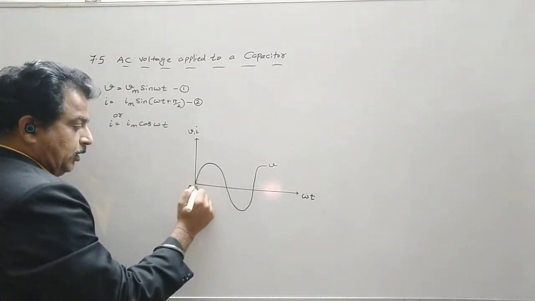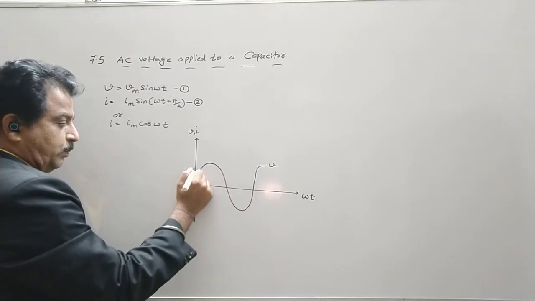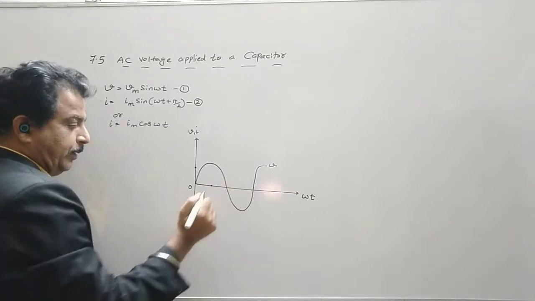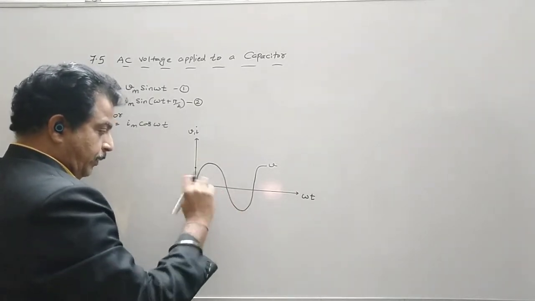That is, when the sine is minimum, the cosine is maximum, and when the sine is maximum, the cosine is minimum.